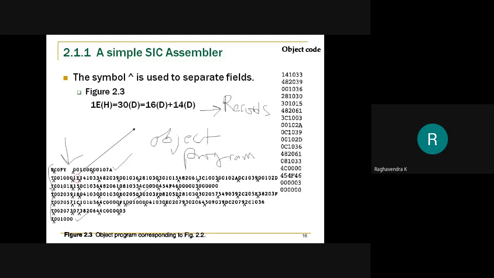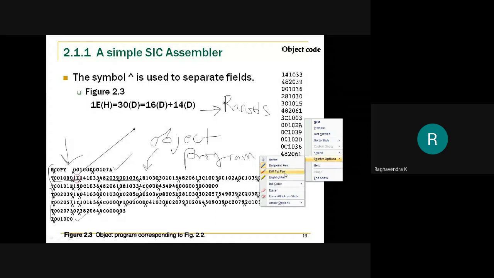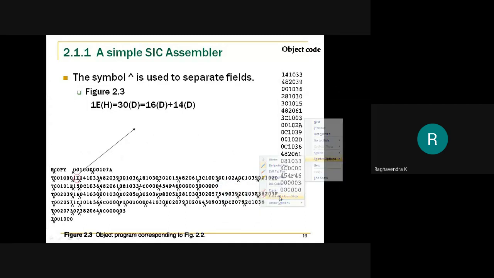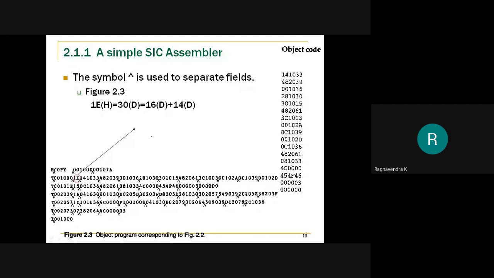Whatever you see in the text record are the converted instructions in binary, or in this case hexadecimal. We have converted the instructions to hexadecimal and written them in the object program format. So the object program contains the text record, end record, and header record. Right now there are only 3 records; we will add more records as and when needed.